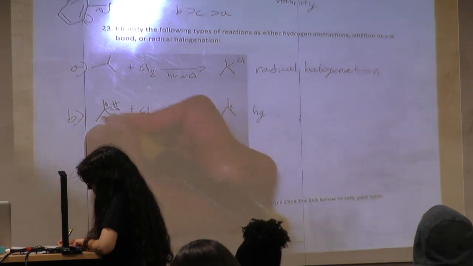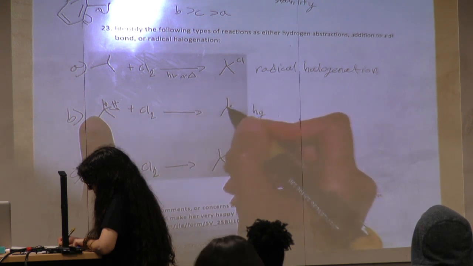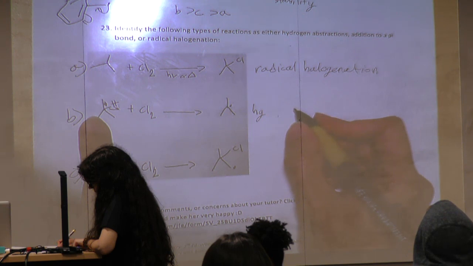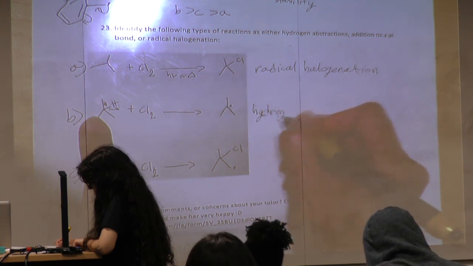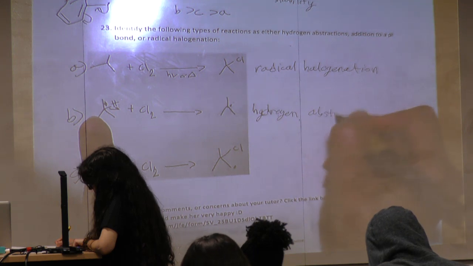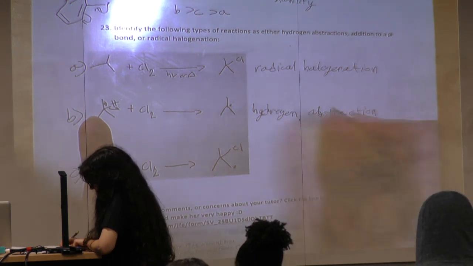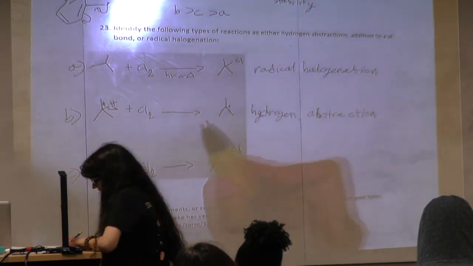So we took out a hydrogen, and one of the electrons went to this center, and the other electron went away with the hydrogen. Hydrogen abstraction. And like I always say, I'm half Italian, so the hydrogen just went away.